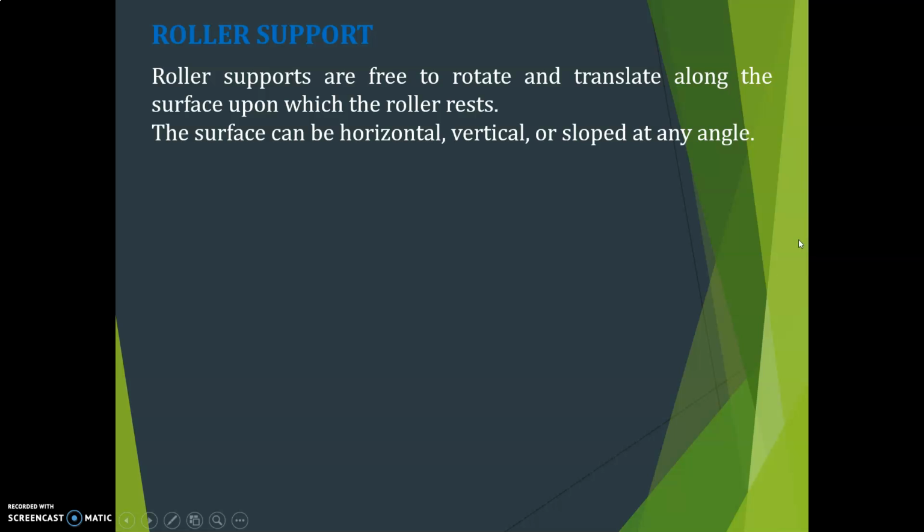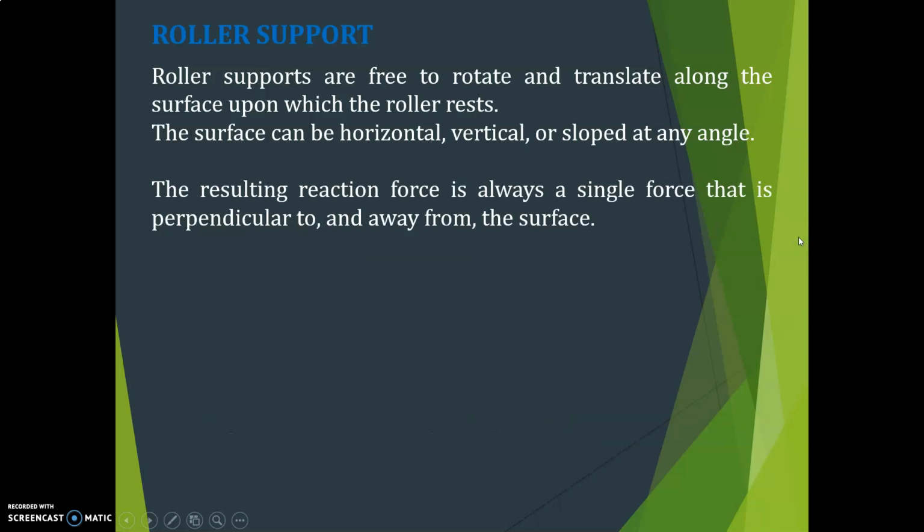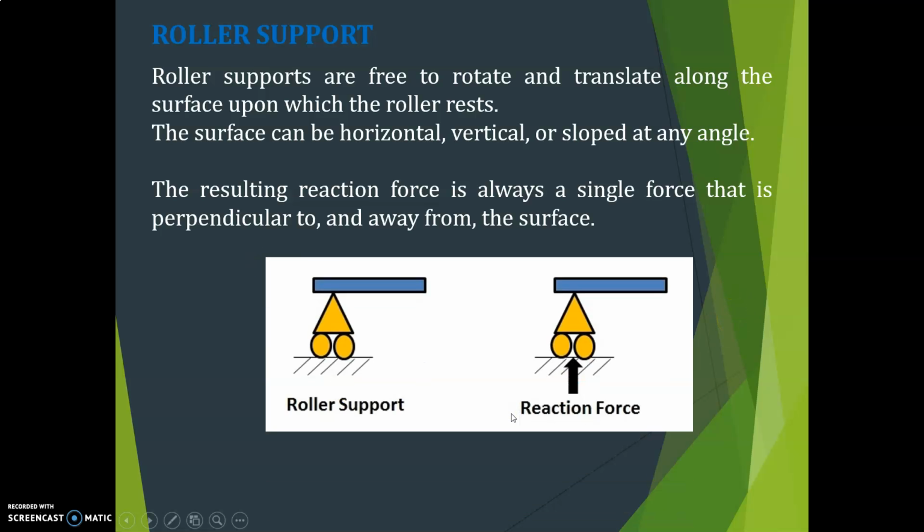Next, we'll see the roller support, which I have described briefly. Roller supports are free to rotate and translate along the surface upon which the roller rests. The surface can be horizontal, vertical, or sloped at any angle. The resulting reaction force is always a single force that is perpendicular to and away from the surface.